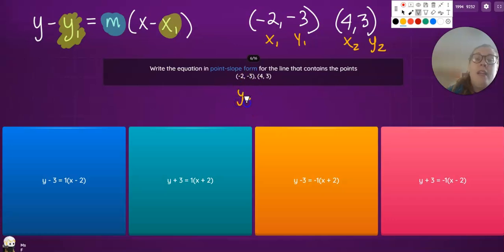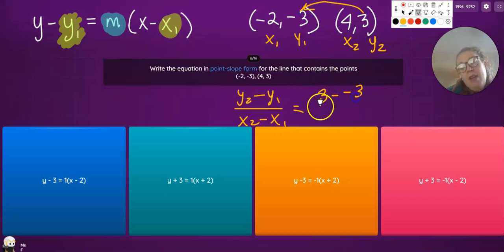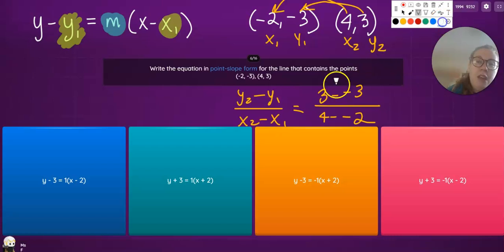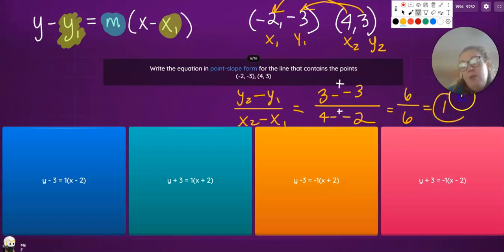And when we're finding the slope between 2 points, we subtract the y's divided by subtracting our x's. So we have 3 minus a negative 3 divided by 4 minus a negative 2. Now for both of these, because we have a double negative, they do become plus. So this is 6 over 6, which simplifies to 1. So it has a slope of 1.